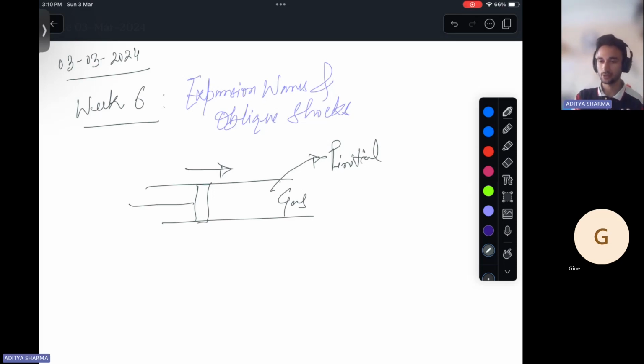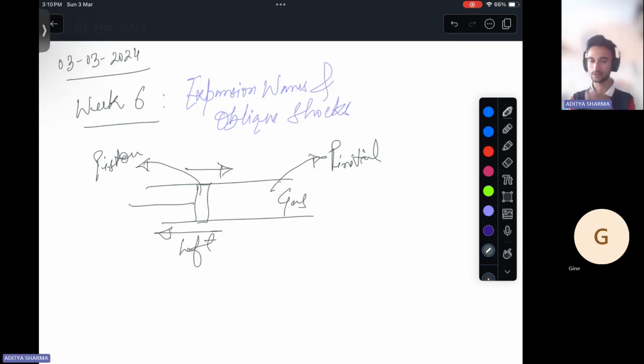Same figure, same elements, but the change here is that we will be moving this piston in the left direction.